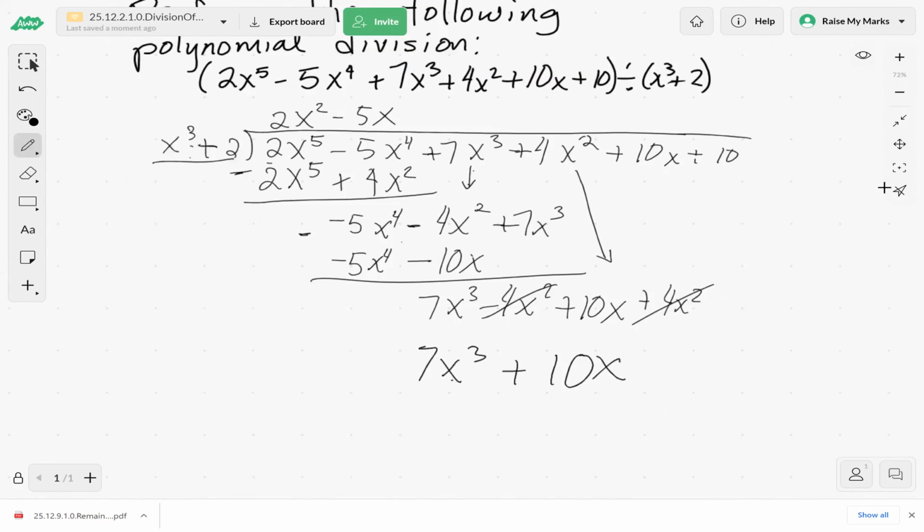So what do we need to multiply x cubed by to give us 7x cubed? We just need to multiply by 7. So 7 times x cubed is 7x cubed, plus 7 times 2 is 14. Okay. All right, and then we subtract and the 7x cubes cancel out, and then we're left with 10x minus 14.